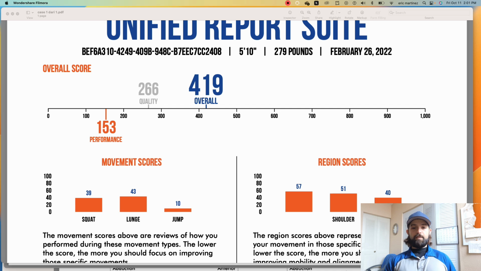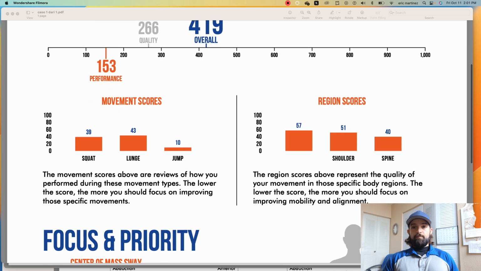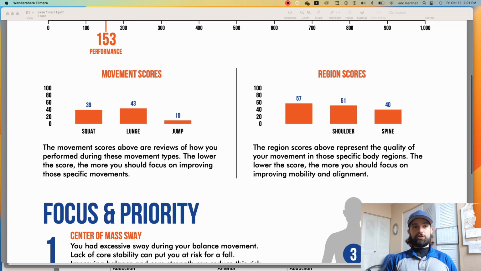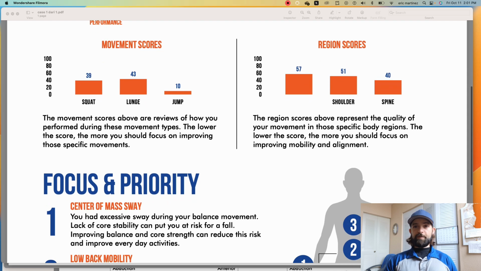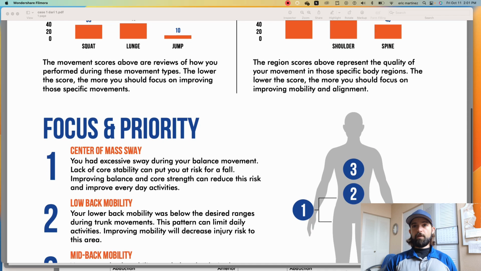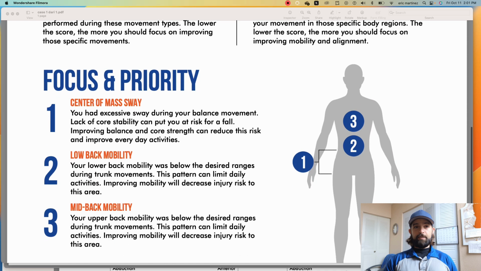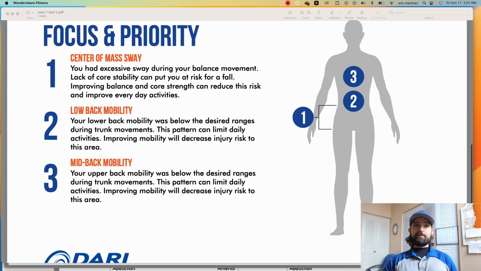So going into this, you can see it gives us an overview. This is the gamification part. It gives us an overview of everything: squats, lunges, jumps, shoulder and spine regions, upper body region, that's what it means. And then it gives us an idea of where the main key points of problems are.